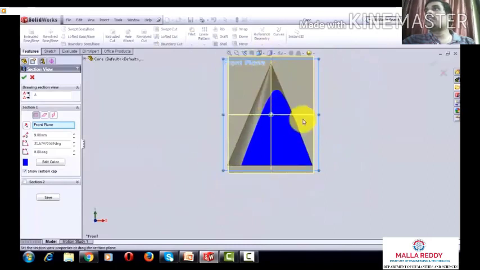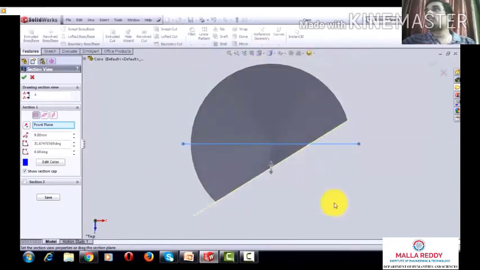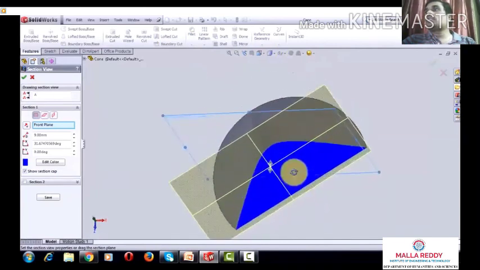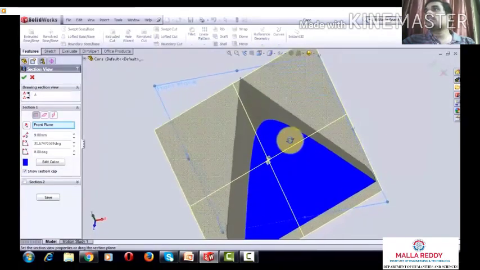This is the front view of the sectioned cone solid, and this is the top view as shown previously. The cutting plane is clearly seen here, and the blue shape is the sectional view.